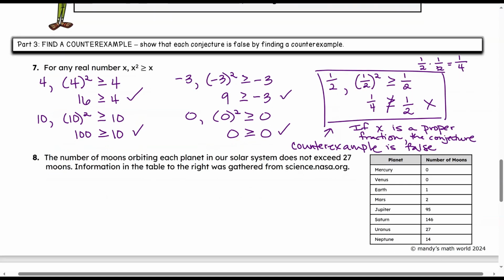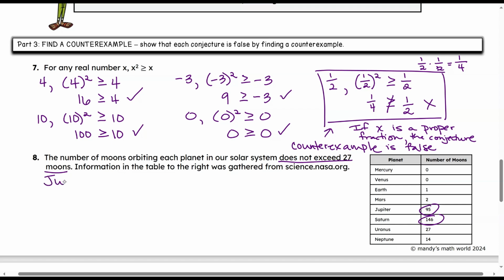Let's move on to number 8. The number of moons orbiting each planet in our solar system does not exceed 27 moons. That's the conjecture. Information in the table to the right was gathered from science.nasa.org, and it has the planets listed with the number of moons for each planet. What's my counterexample? Well, Jupiter has 95 moons and Saturn has 146 moons.